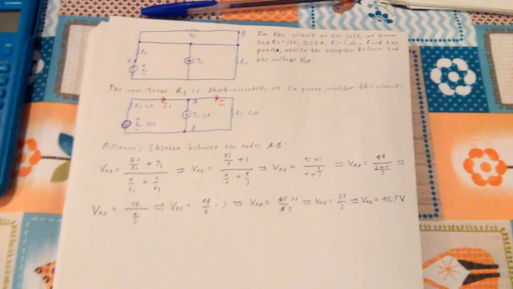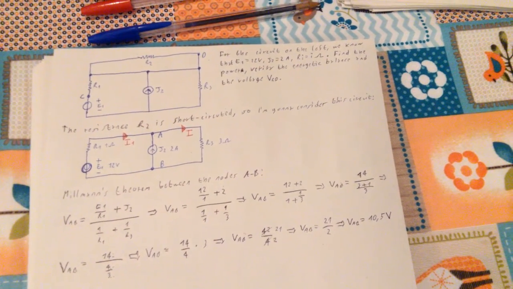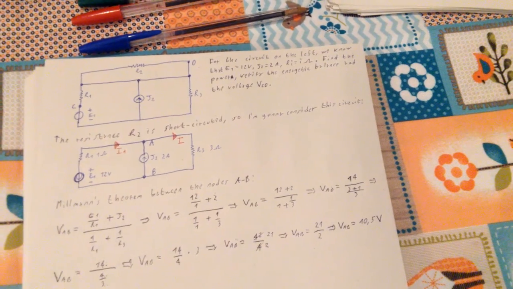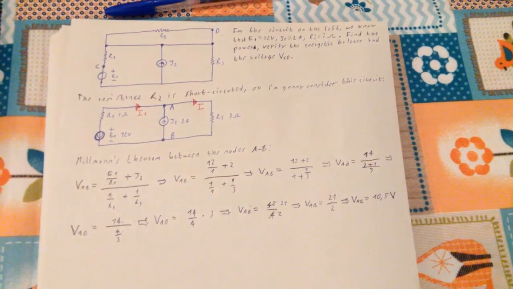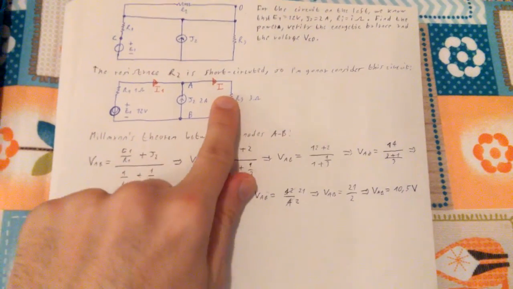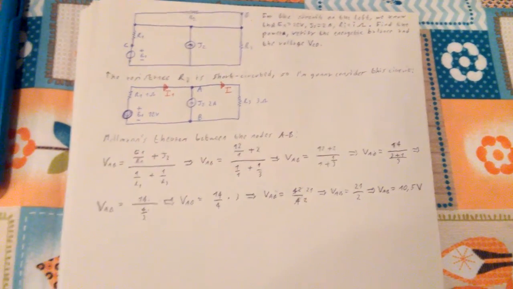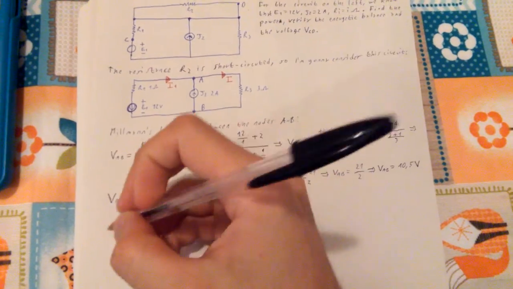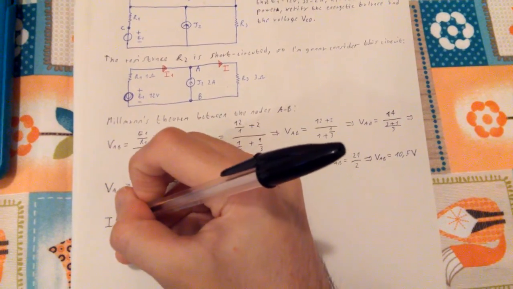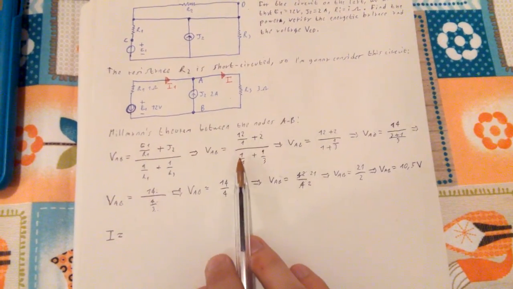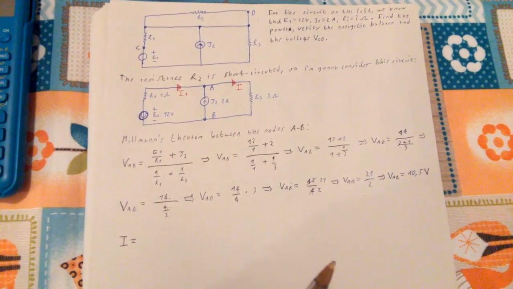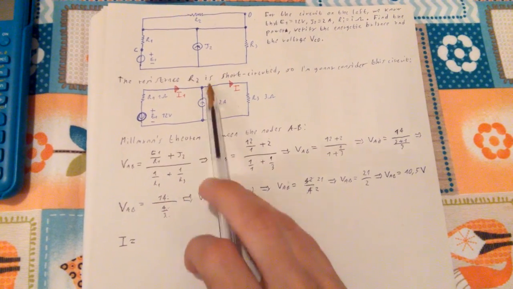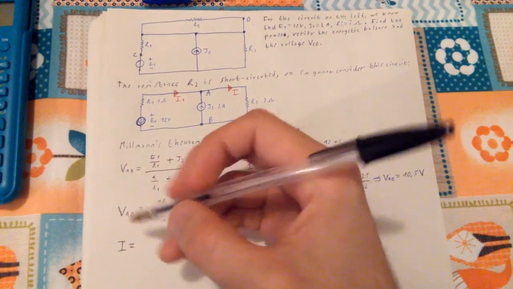Okay, so now I can actually find I, which is this I here, and I'm gonna say, okay, so I is gonna be VAB across AB that we have just found.